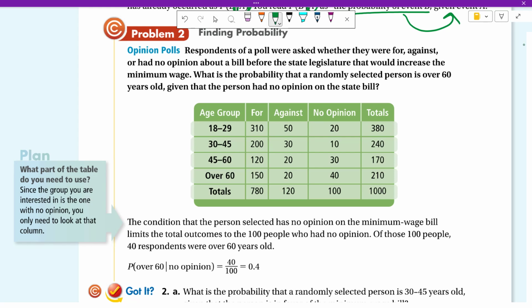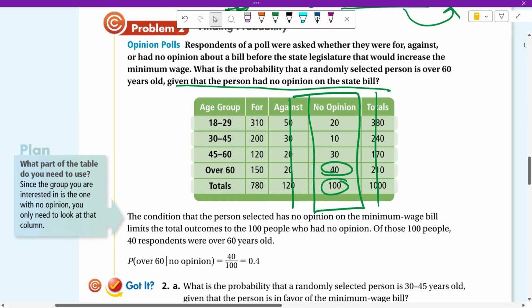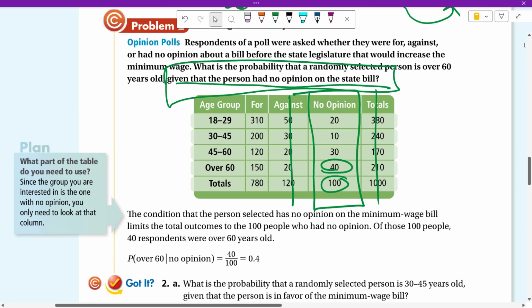Okay, so if it's given this, we're looking at just these, not these totals, just these. The over 60 is right here out of the 100. So when it says given this, then we're just looking at these.